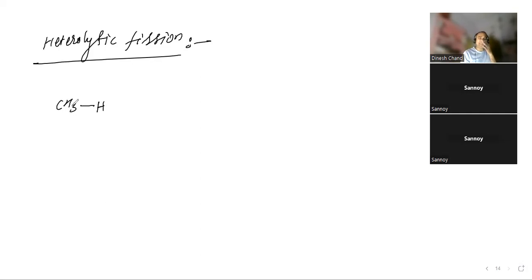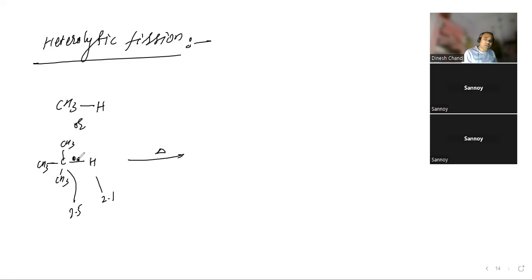Which is more electronegative, hydrogen or carbon? Carbon is group 14 element, hydrogen is group 1. Left to right electronegativity increases. Carbon's electronegativity is 2.5, hydrogen's is 2.1. Electronegativity is the tendency to attract the electron. So if you are giving heat, both the electrons will go on the carbon.